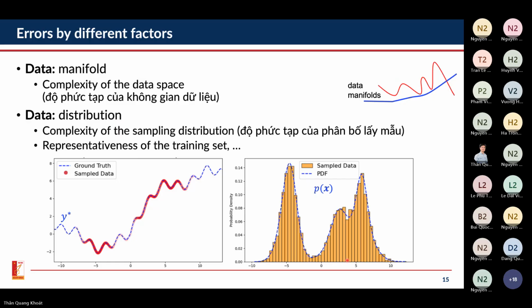Okay, the first source can come from the data. And of course, we can easily see that. Sometimes your data can be very complex. The data space can be very complex. For example, here, just one example to represent the data space. In this case, it is simple, but when your data lie on this area or this space, it can be very complex, right?